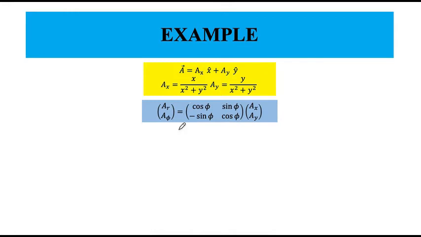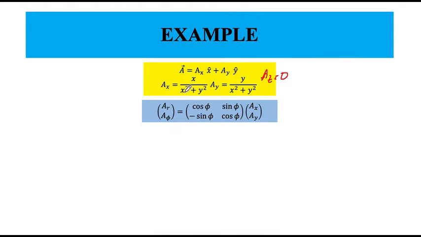I know ax, I know ay, and az in this case is 0, and then I have to find ar, a phi and az. Because there is no z component, I am not going to write it down.